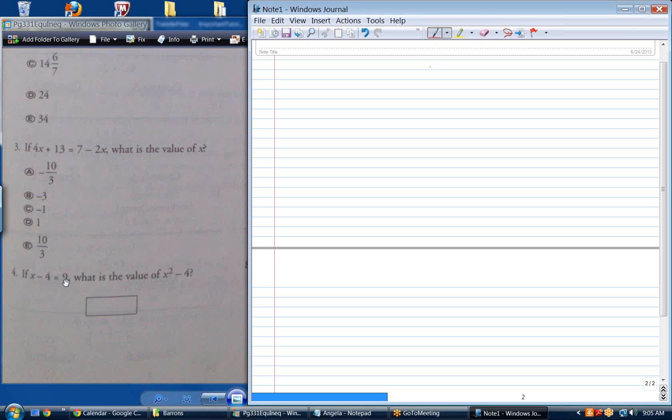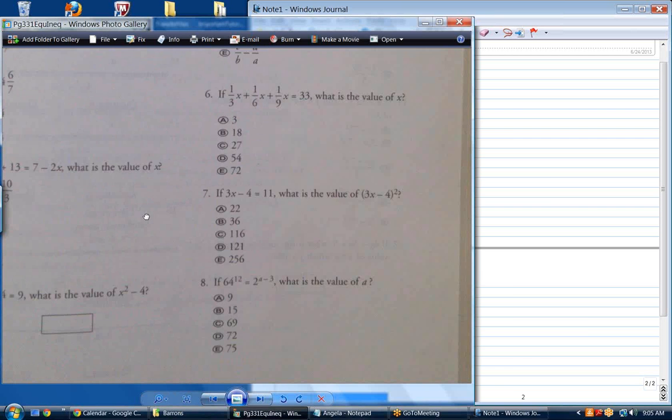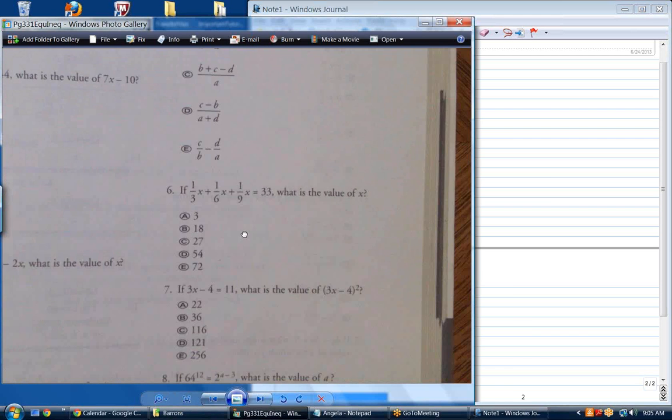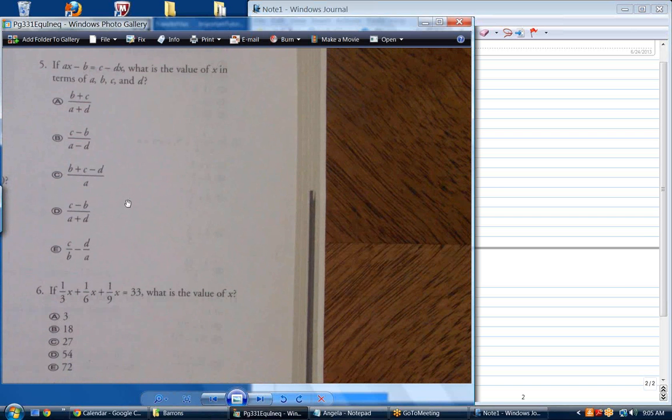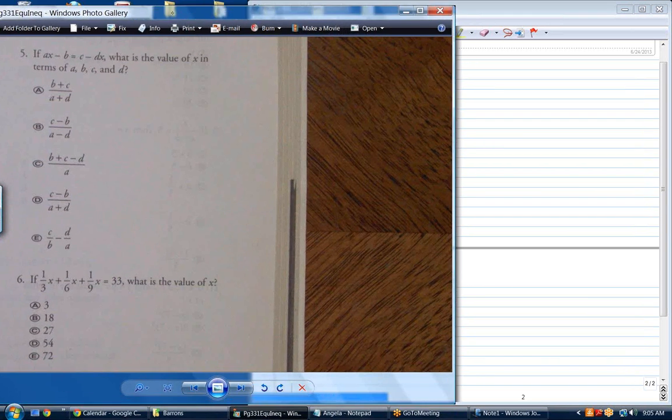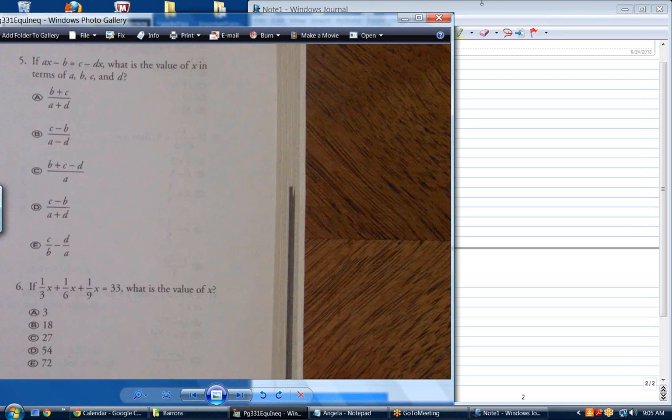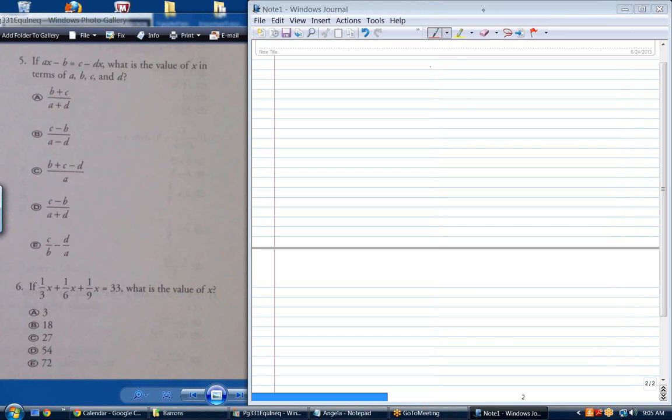X is 13, and then 13 squared is 169 minus 4, so it would be 165. So looking for shortcuts can be a double-edged sword. It can cost you 15 seconds sometimes instead of saving you 15 seconds.